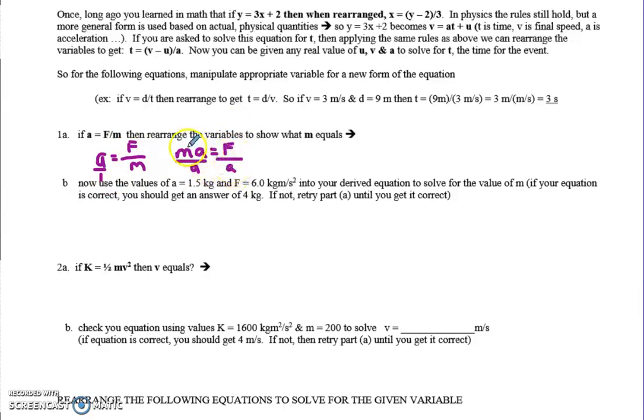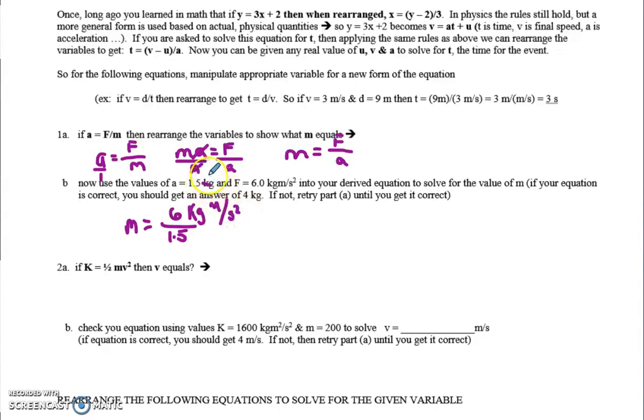And then this is the easier step. I divide by a on both sides. My a's cancel out here, and I get m is equal to f over a. And then if I plug in some numbers, I get 6 divided by 1.5, and that's my m. Now, something that's going to be useful later on, this is kilogram times meters per second squared.